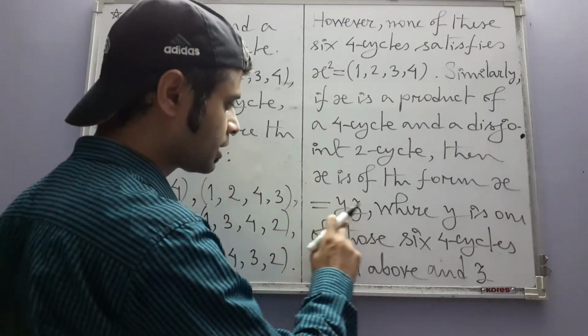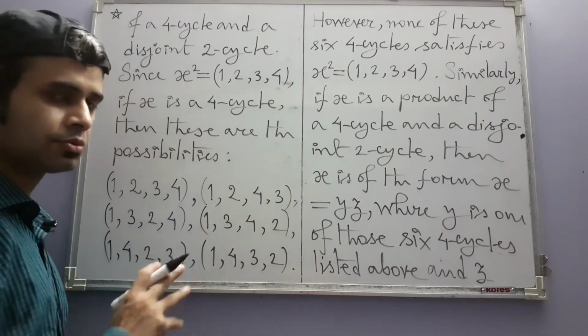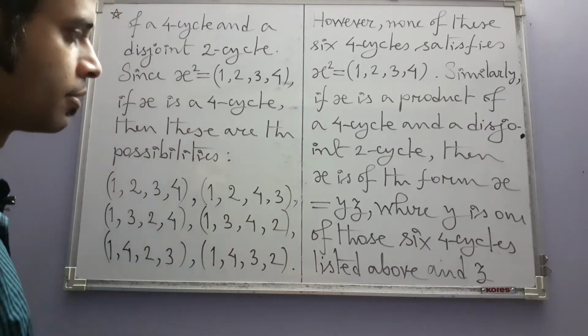Z will be a 2-cycle involving 2 symbols which is not among these 4, 1, 2, 3 and 4.